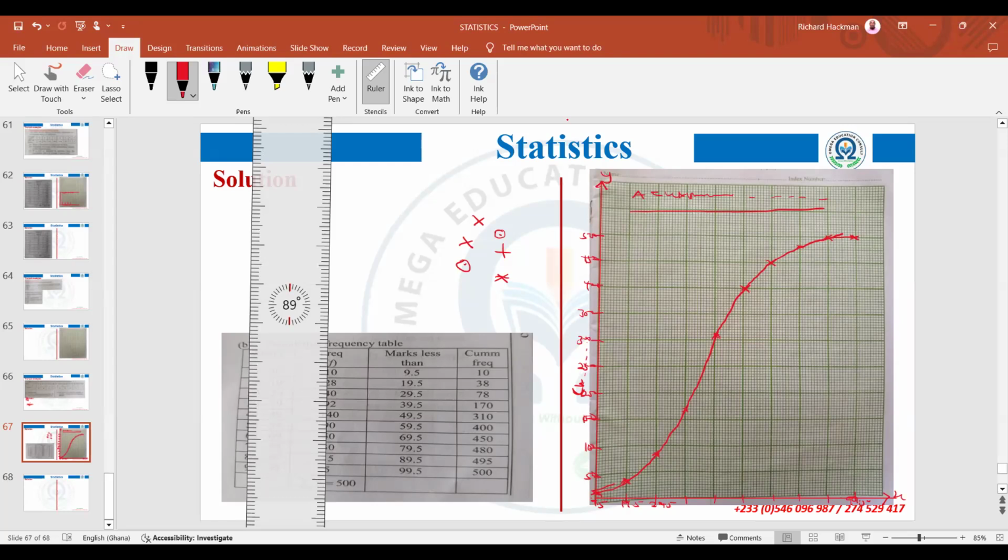I'm taking the graph right away because I want to make sure that you all know how to draw the cumulative frequency curve, so that in our next meeting, I will just give you questions that you will be asked to use your frequency curve to answer.